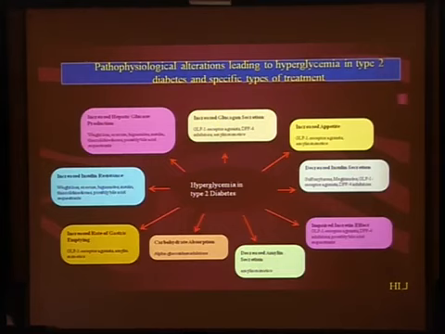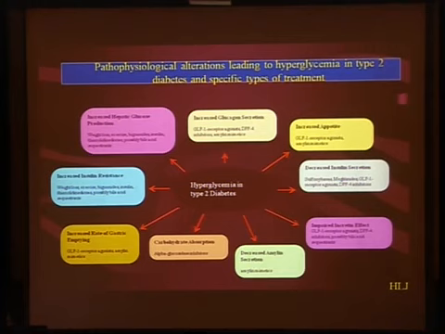Could be through the stimulation of beta cells of pancreas, could be from decrease in appetite, from incretin effects, could be from increase in insulin sensitivity, could be from increase in stomach movement, and so on. So you can attack hyperglycemia by a lot of mechanisms.